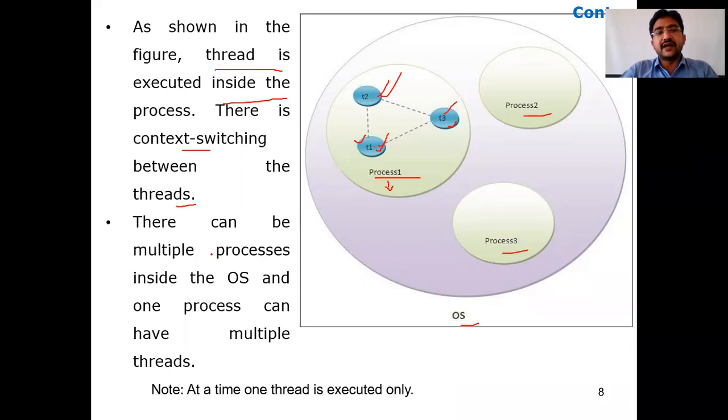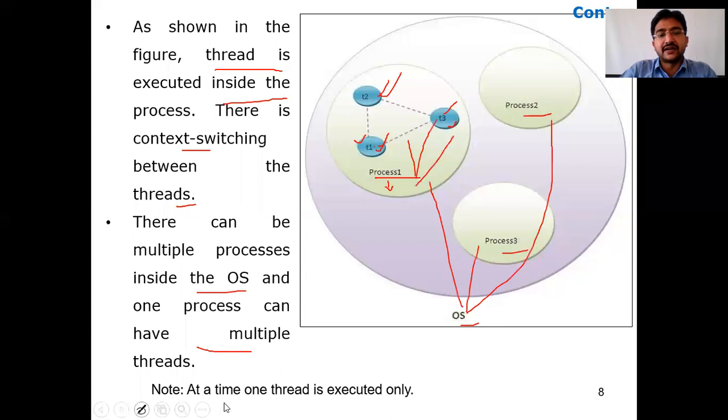So there can be multiple processes inside the OS, and one process can have multiple threads. In a single process, we have multiple threads. So at a time, one thread can be executed only.